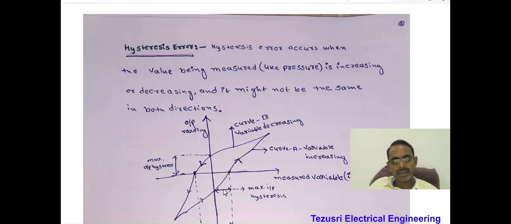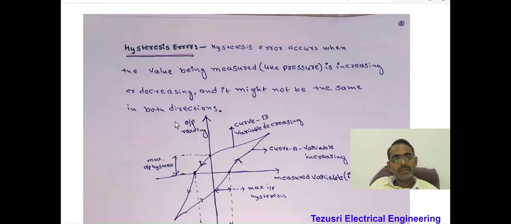This amount of input is called maximum input hysteresis. In decreasing the pressure, if the input variable is 0 but it shows some output in the meter, that is called maximum output hysteresis.